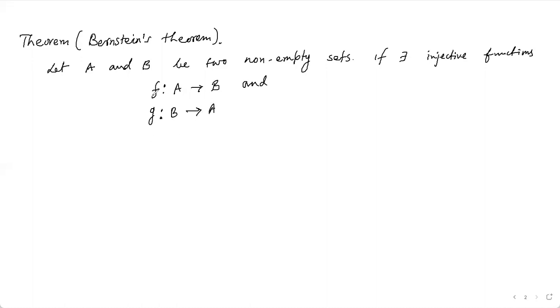If there exist injective functions F and G, F from A to B and G from B to A, then the conclusion is that there exists a bijective function H from A to B. So this is the theorem statement.